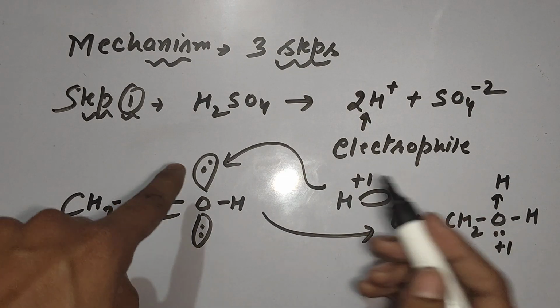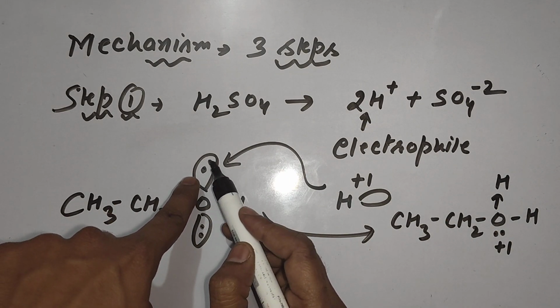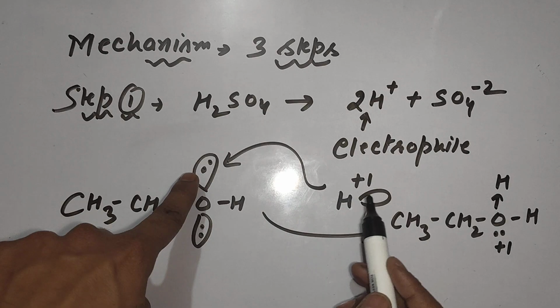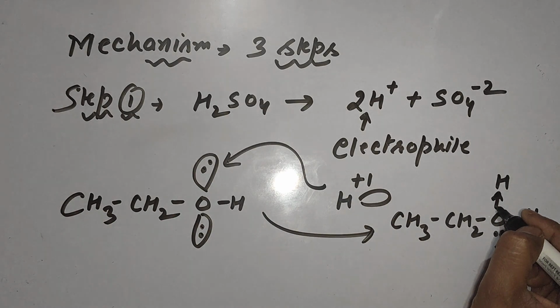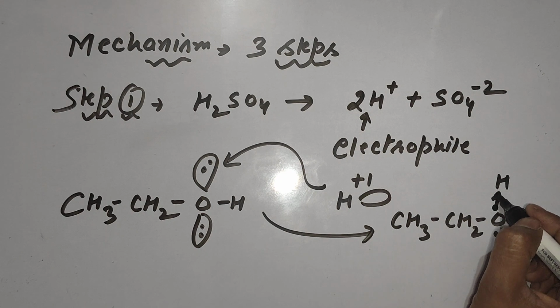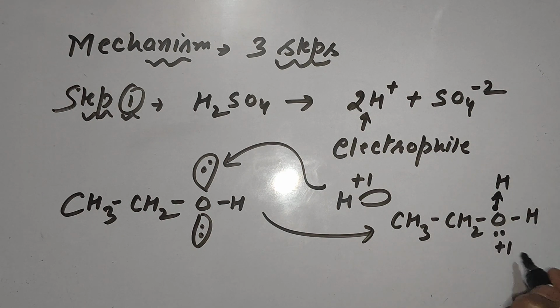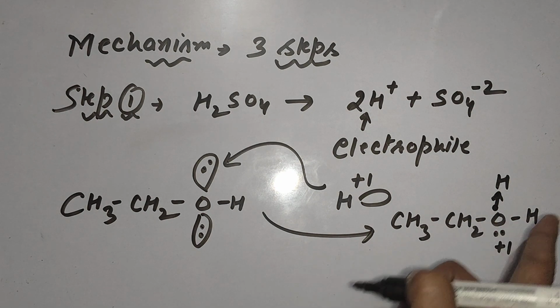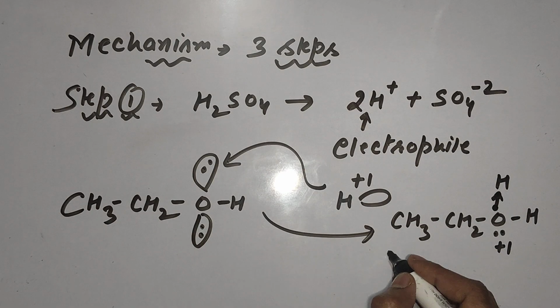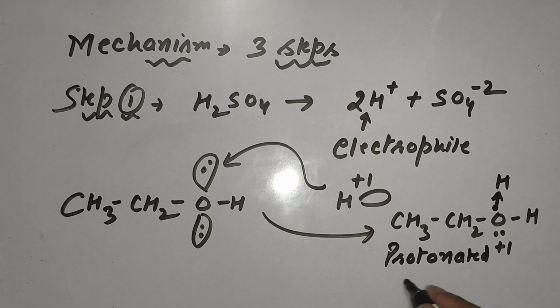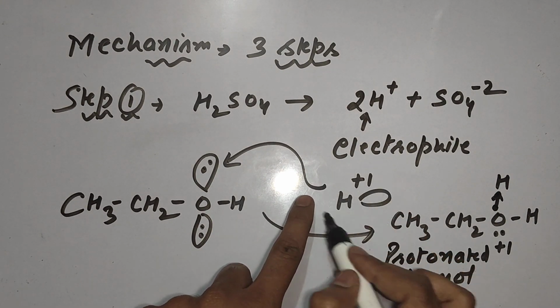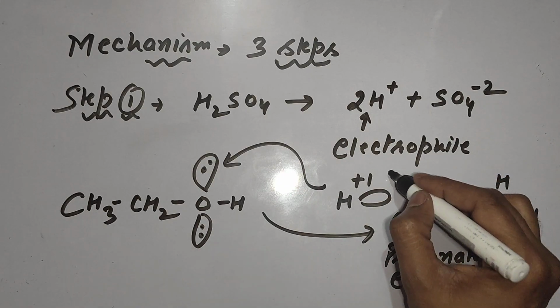Many a time we have discussed it: out of two electrons, one electron will completely shift toward hydrogen for the bond formation, and one it will keep with itself, because it is shifting one electron completely toward hydrogen. That's why it is carrying a plus one charge. This molecule we call protonated ethanol. Why? Because this H positive ion is also known as a proton.